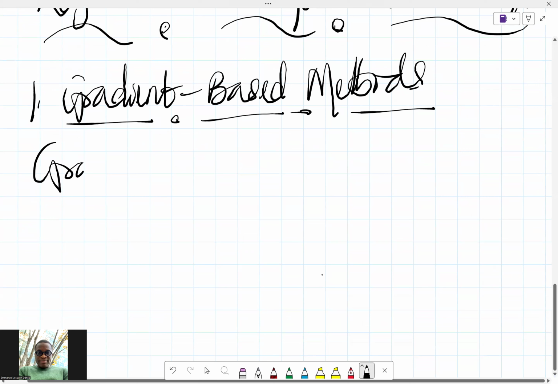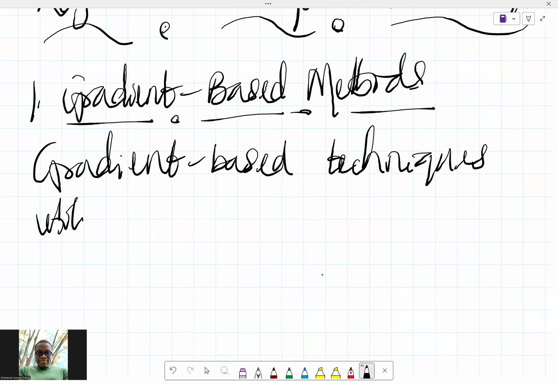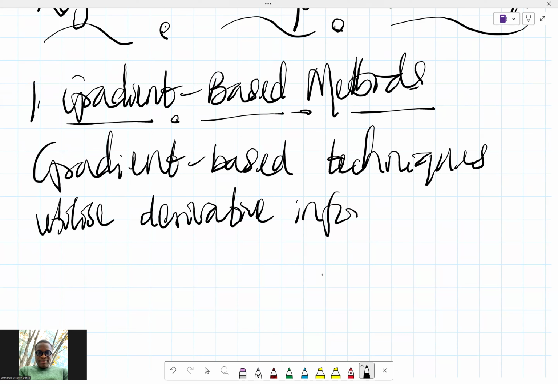So gradient-based techniques utilize derivative information. So that means any expression that is differentiable, we can use this method for them.